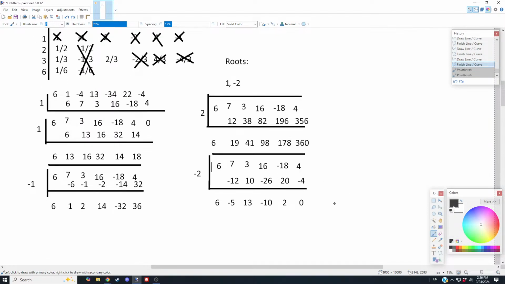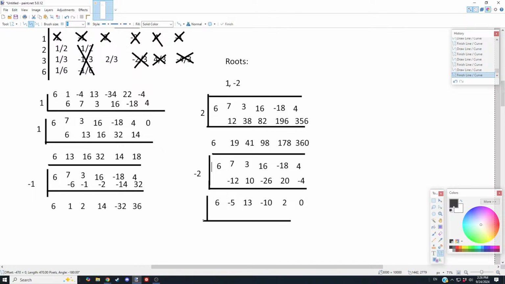So let's keep going. Since we had a successful one, meaning that our remainder was 0, we get to continue with this smaller polynomial. And we might as well check a half.